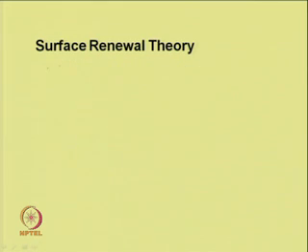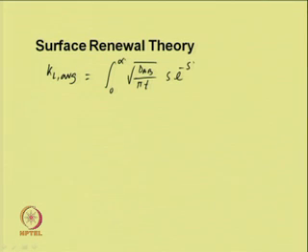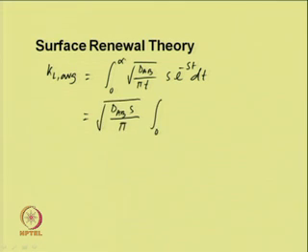So, the K_L average is equal to integral 0 to infinity root over D_AB by pi t, S e to the power minus S t dt, which is equal to root over D_AB S by pi, integral 0 to infinity (S t) to the power minus half e to the power minus S t d(S t).